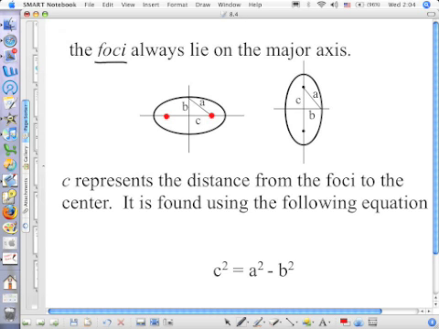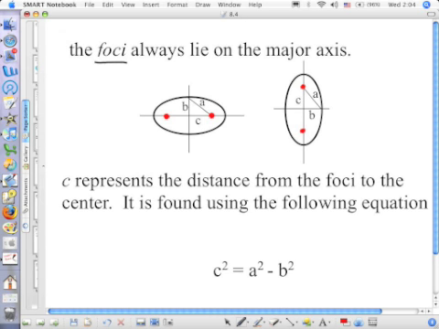Now when you stand your ellipse up, where the major axis is the y-axis, where are the foci located? On the y-axis this time instead of the x-axis, because this time the y-axis is the major. Your foci are always found on your major axis. So where you find the foci depends on how the ellipse is drawn.